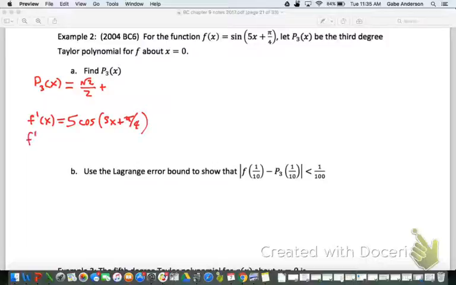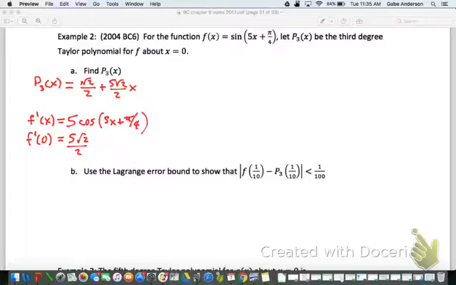Okay, so then f prime of 0 would equal what? 5 root 2 over 2. That is correct. So plus 5 root 2 over 2 times x. Okay, we're up to first degree, so we're halfway home.